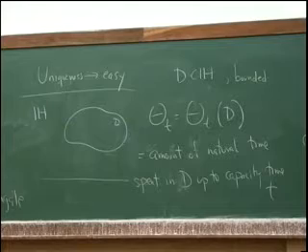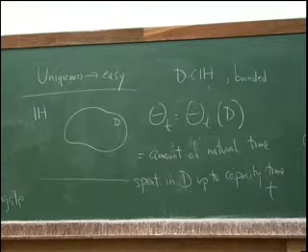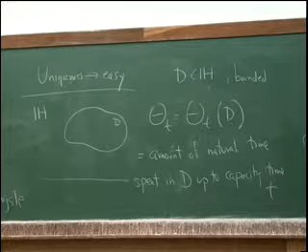It's not difficult to see that if we can construct theta T of D for every domain D, then we can get theta T just by taking an increasing limit.